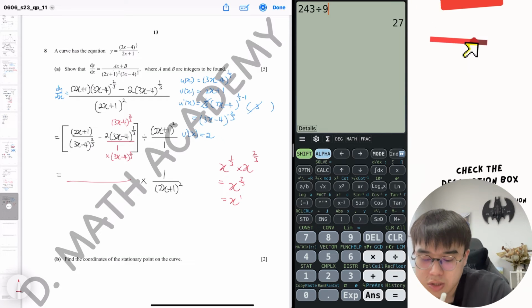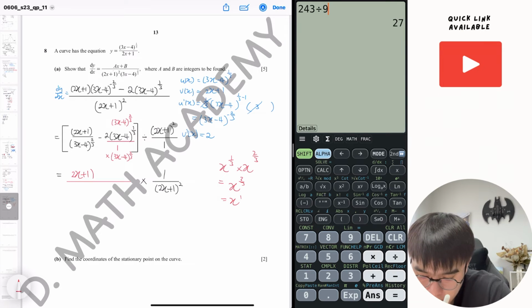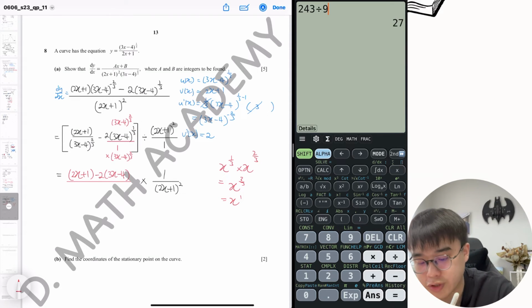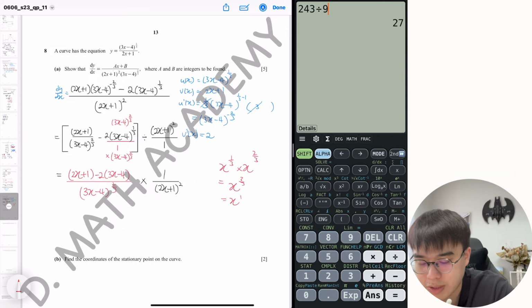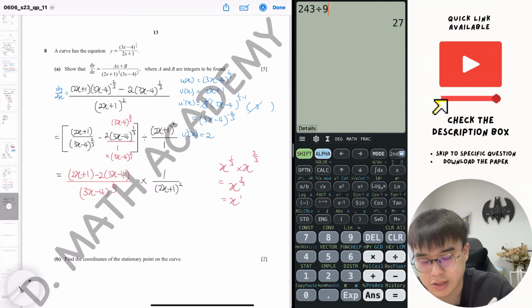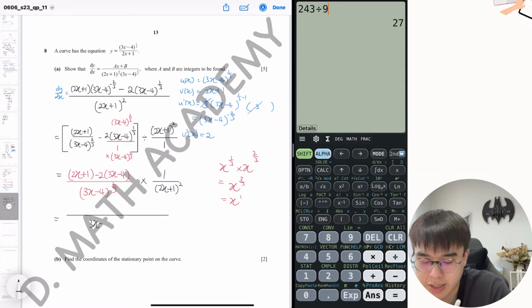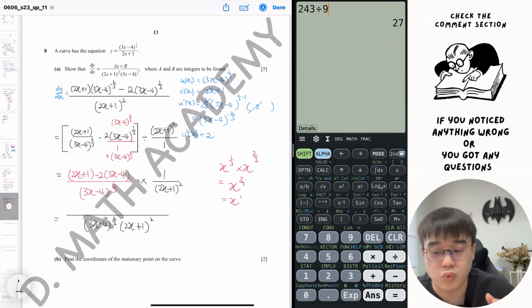So numerator will be 2x plus 1 minus 2, 3x minus 4. There's no more power here because it is 3 over 3, and your denominator is exactly what they requested at the start. So I'm going to update and combine them up. So 3x minus 4 to the power of 2 over 3, and then 2x plus 1 to the power of 2.